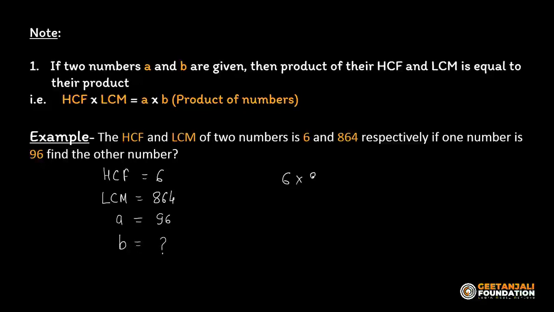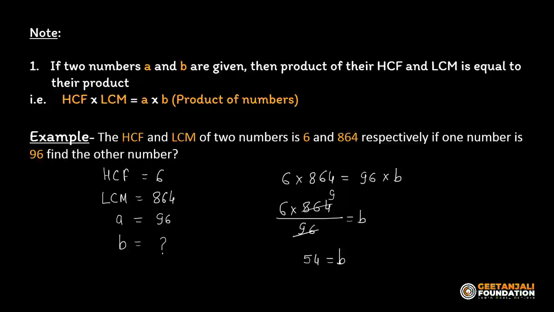So 6 times 864 equals 96 times B. I'll transpose this 96 here. It will go in the denominator. So 6 into 864 divided by 96 is equal to B. So 96 nines are 864. So 9 sixes are 54.